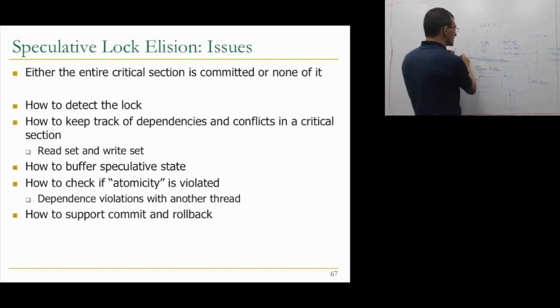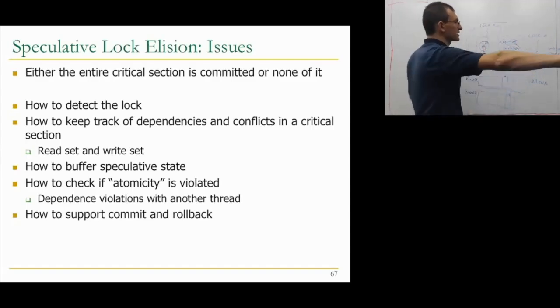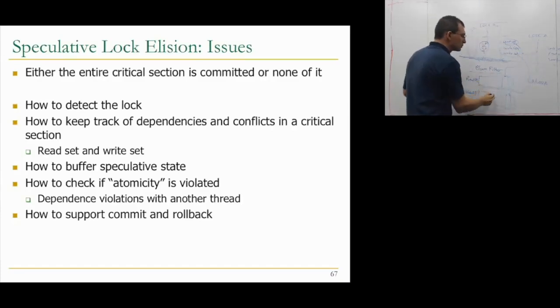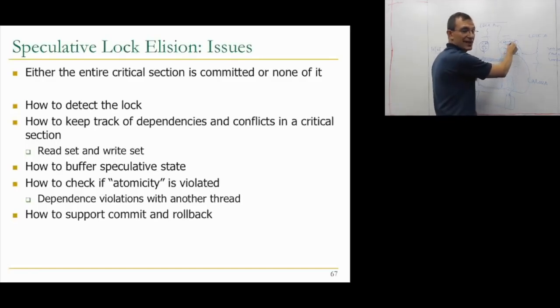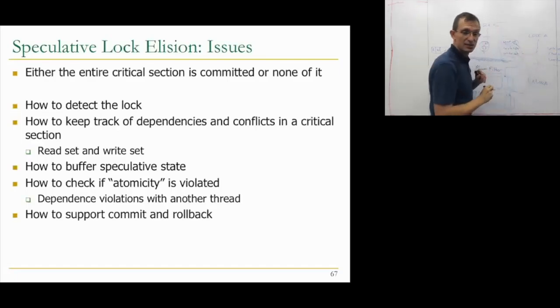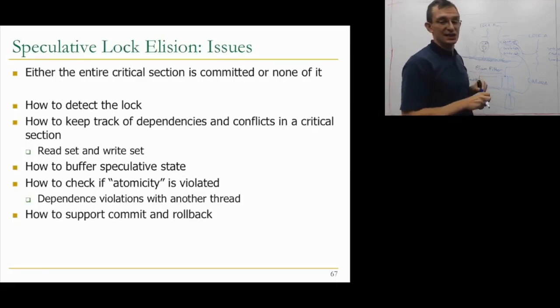And at the end of the critical section, these Bloom filters for this critical section are compared to the Bloom filters of all of the other critical sections that are currently executing in the system. And if these Bloom filters overlap in a bad, data-conflicting way, which means read sets overlap with write sets and write sets overlap with write sets, then a conflict is detected and you know which critical sections conflict, and the system can abort one of them. So that's one other way of detecting conflicts.